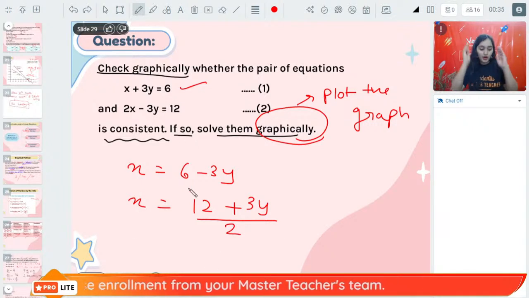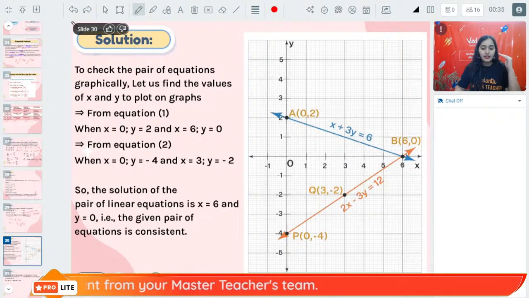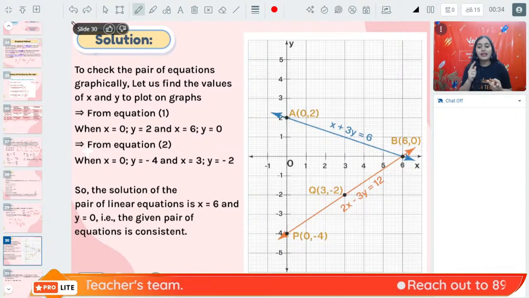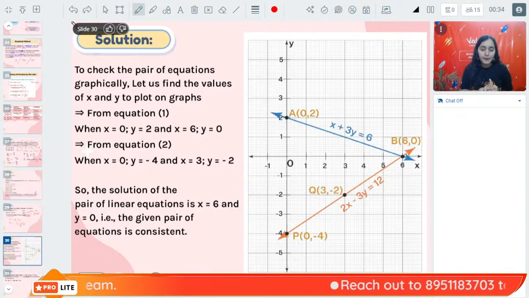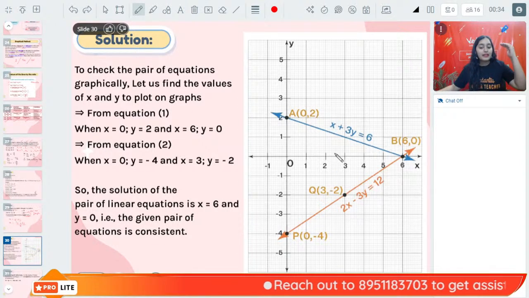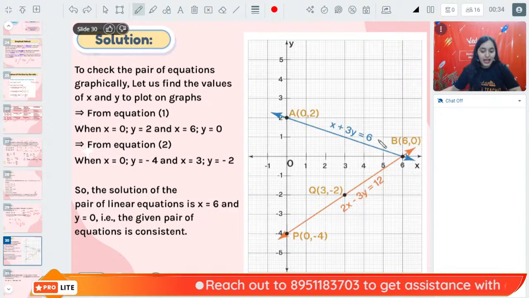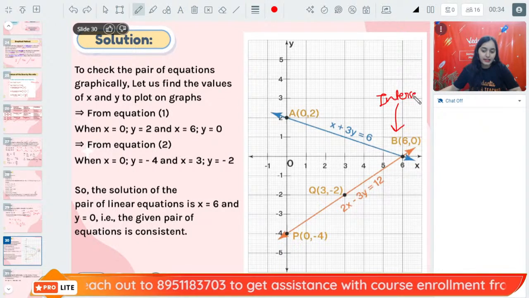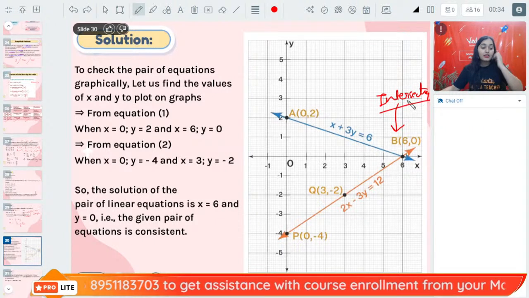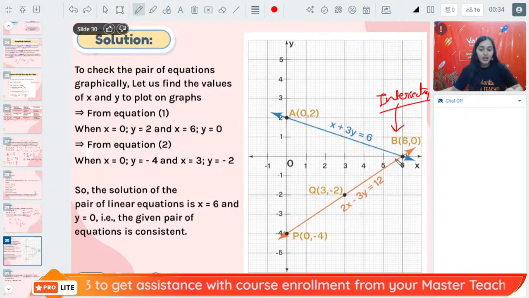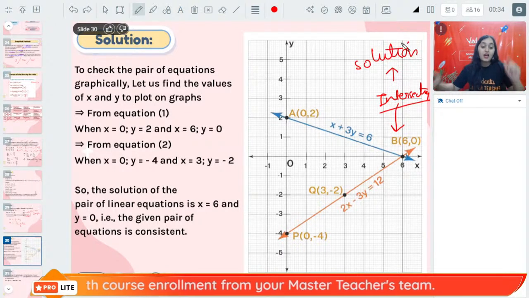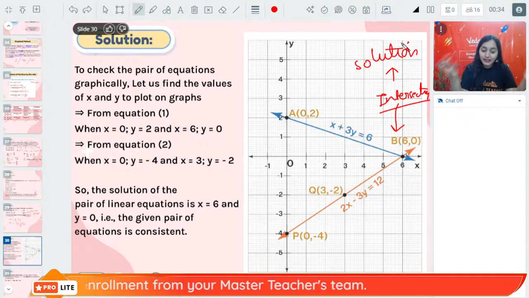Once you plot the graph, you will observe that either they are intersecting, or parallel, or coincident. Since these are intersecting lines, you will have a point of intersection. This point of intersection will be the solution of the equation, because in the question they are asking for the solution.